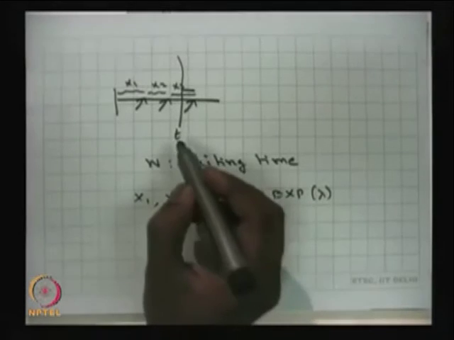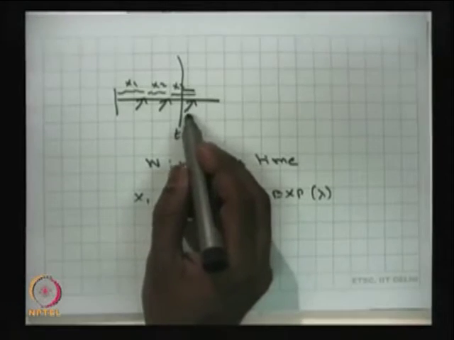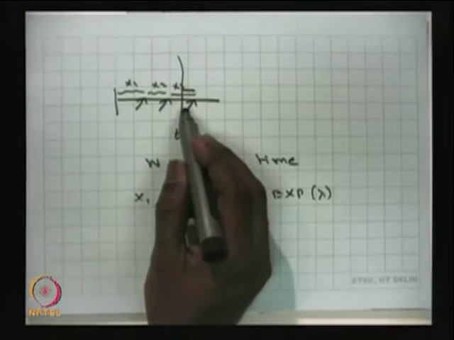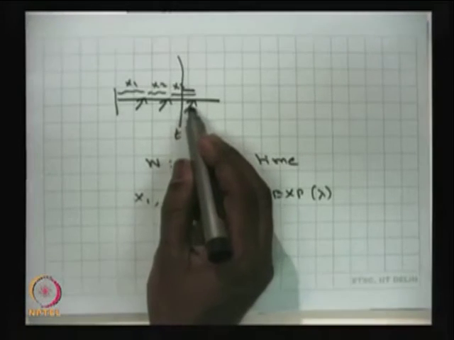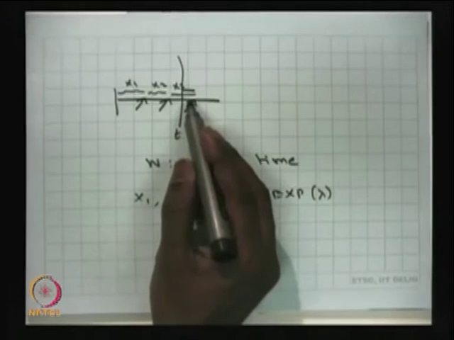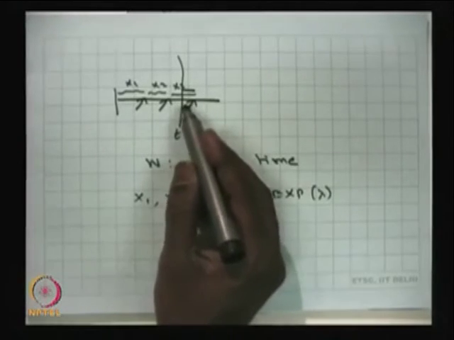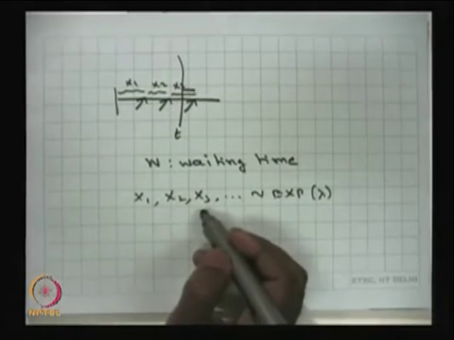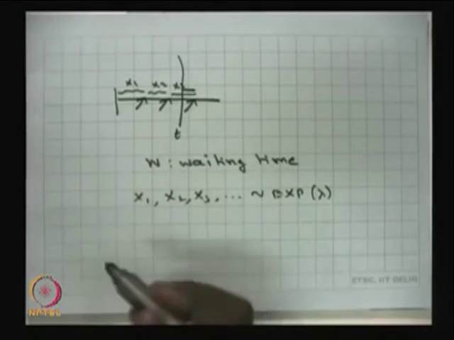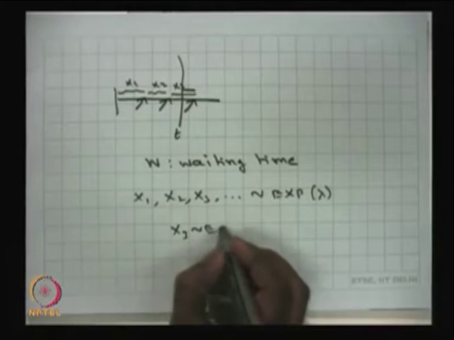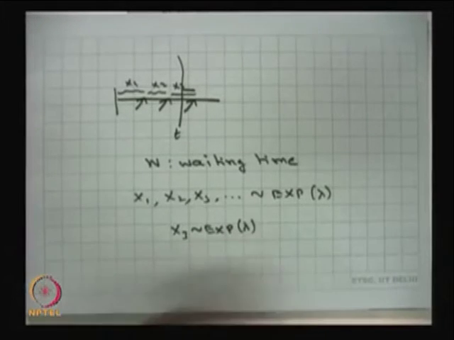Since the waiting time is going to be the remaining time of arrival of the third bus, the W, the waiting time, is the same as the remaining or residual time of the third bus to come into the bus stand. So, x3 is exponentially distributed with the parameter lambda.